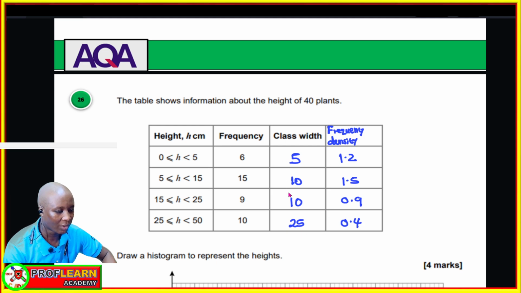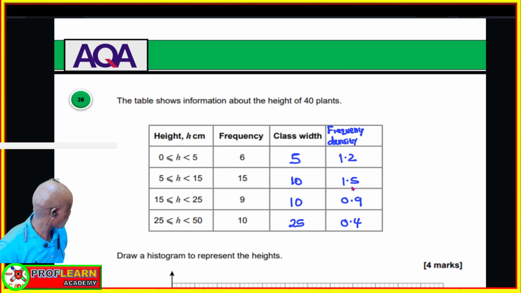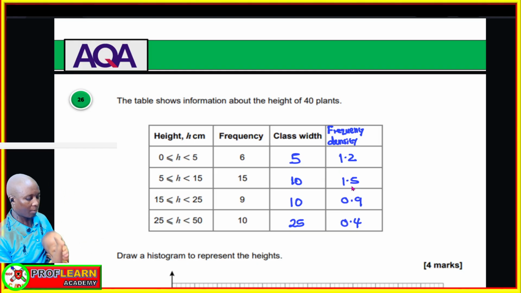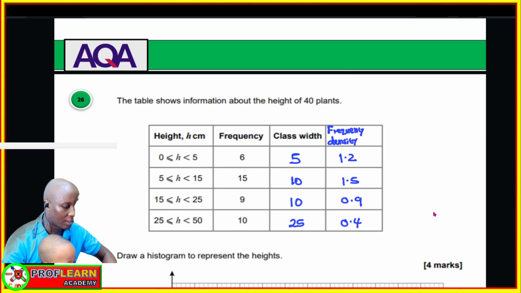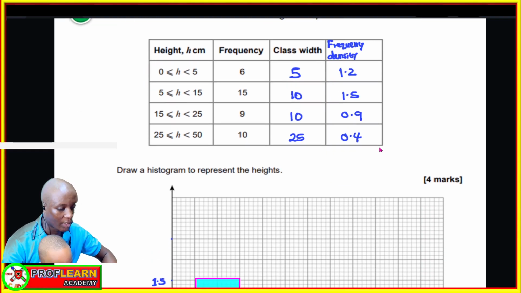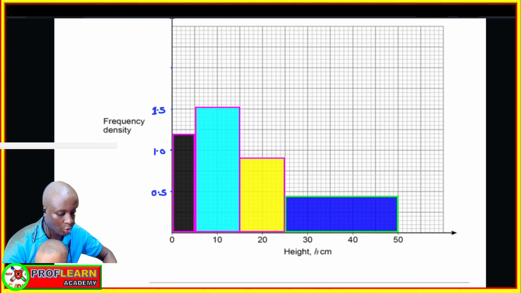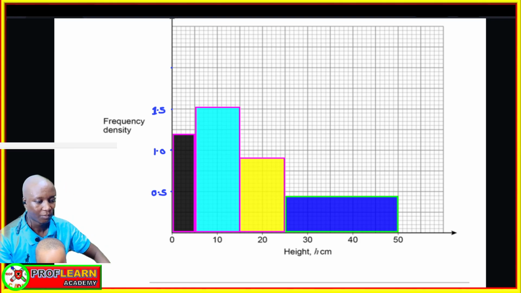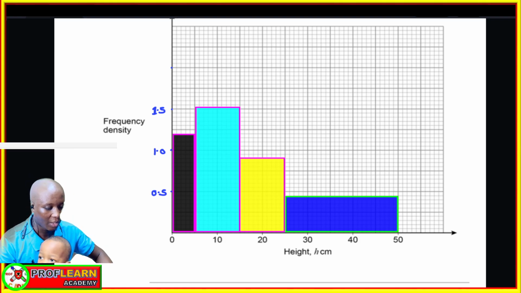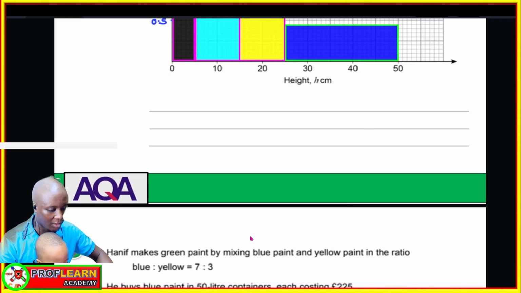Then you divide the frequencies by those class widths to find the frequency densities. Once you get the frequency density, it will be along this particular section, and on the x-axis you have the heights, and then you plot them as shown there. This is our histogram, well illustrated there.